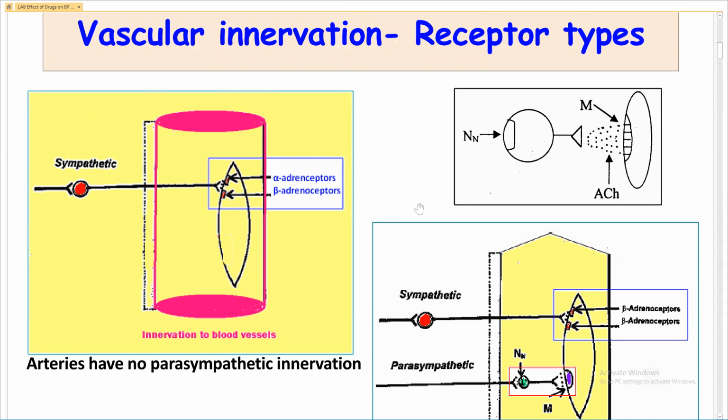The Sherrington recording drum consists of the kymograph paper, on which the effect on blood pressure and the effect on the heart is recorded.